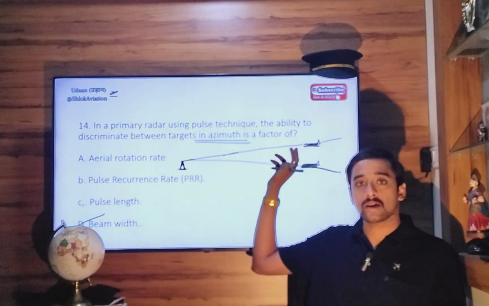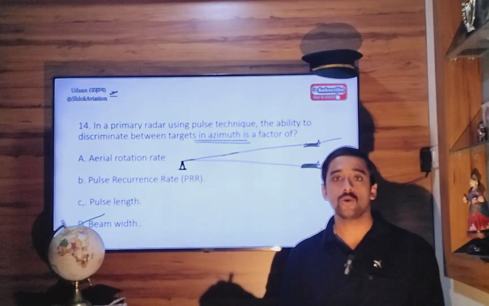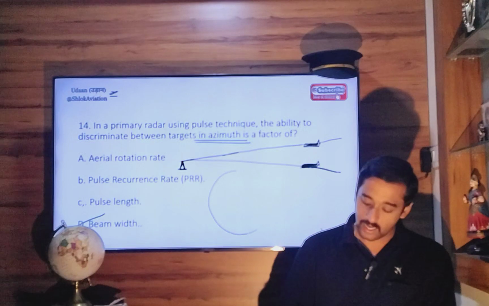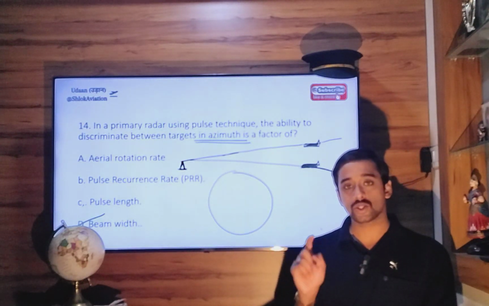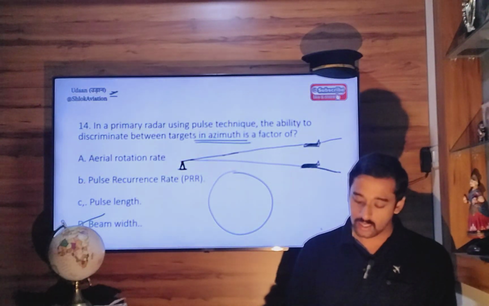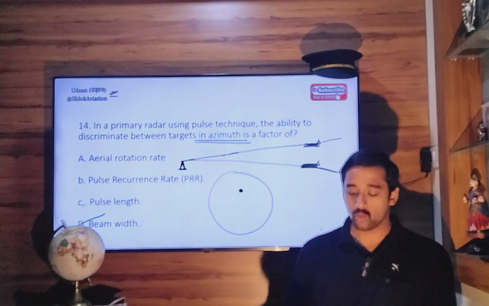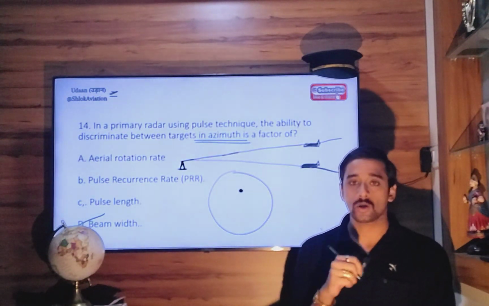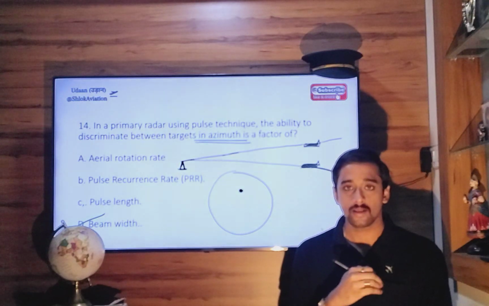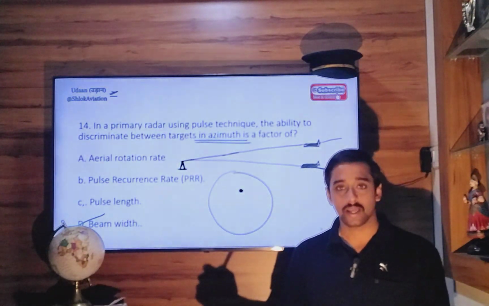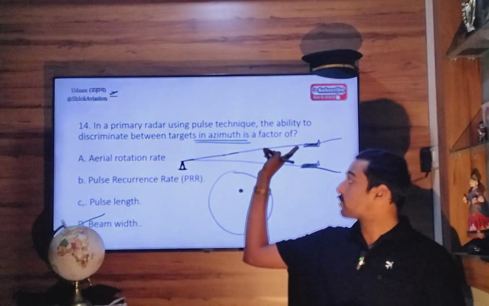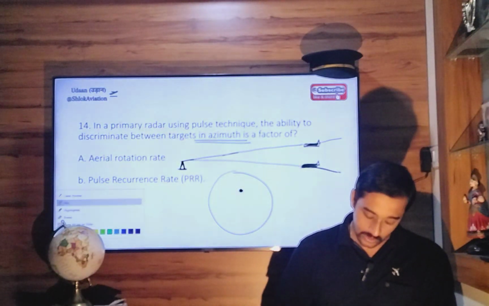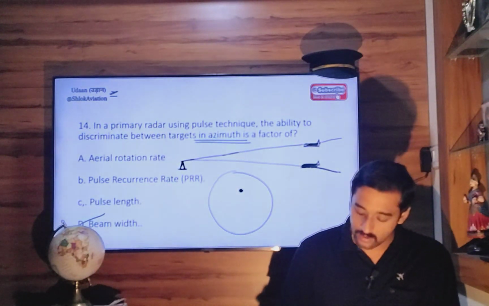The indication will be shown on the ATC radar controller. So what the radar controller will see is that instead of seeing these two separate aircraft, he will see both aircraft as one dot or one radar rectangle blip on his radar screen. In order to discriminate between these two aircraft, the targets should be located outside the beam width.